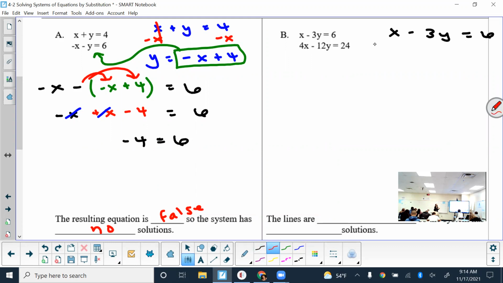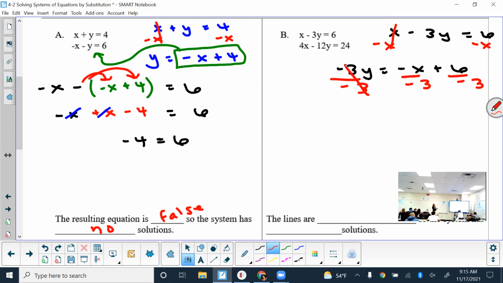How do you get rid of x? Subtract x on each side. I get negative 3y equals negative x plus 6. And how do you get the y by itself? Divide.